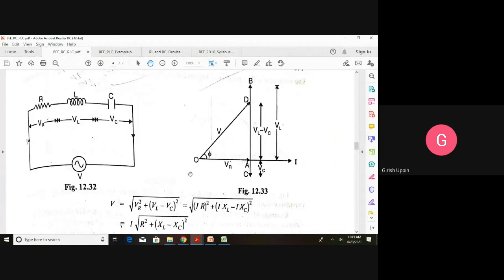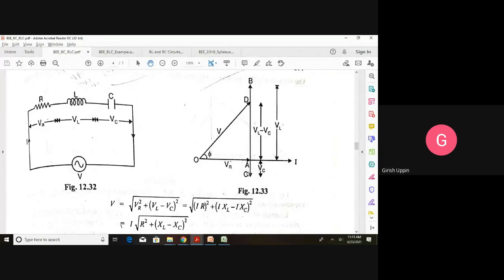OA is representative of VR, the voltage across the resistor. AB is the voltage across the inductor, VL. And AC is the voltage across the capacitance, VC, and this is the current. So current is in phase with VR, lagging VL by 90 degrees, and leading VC by 90 degrees.